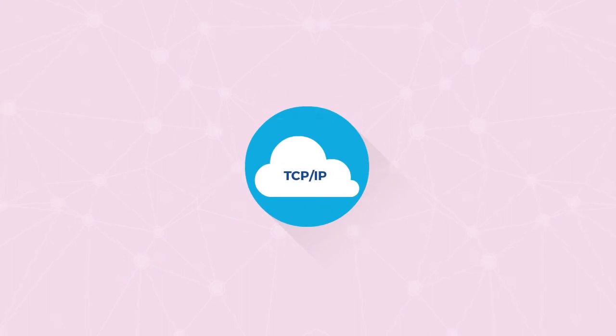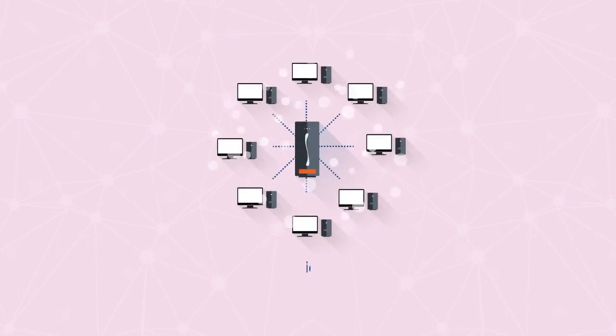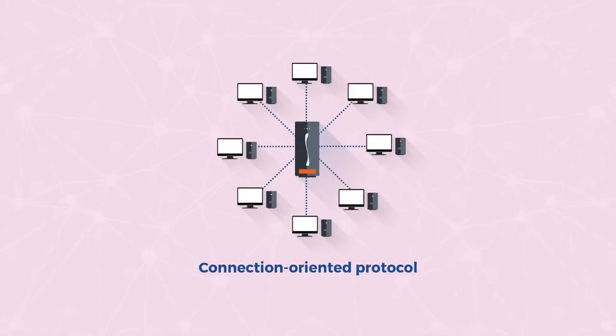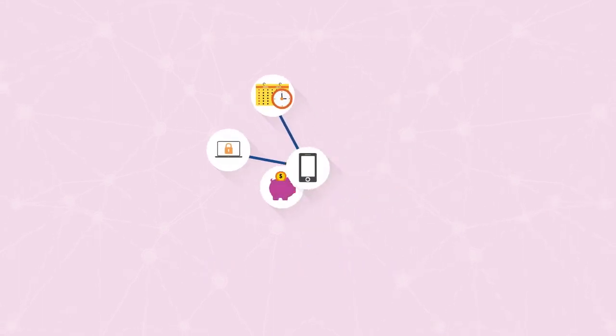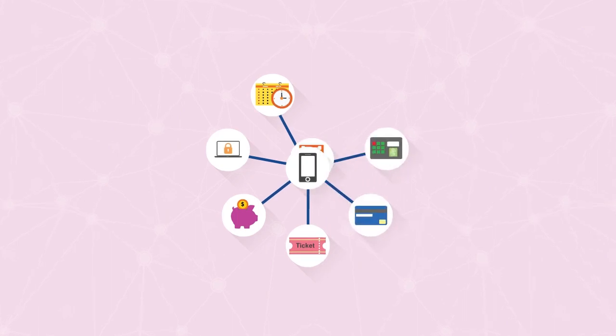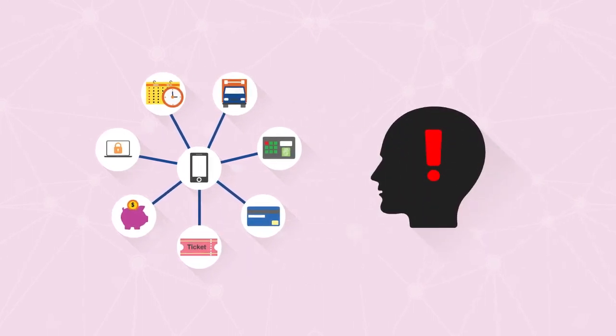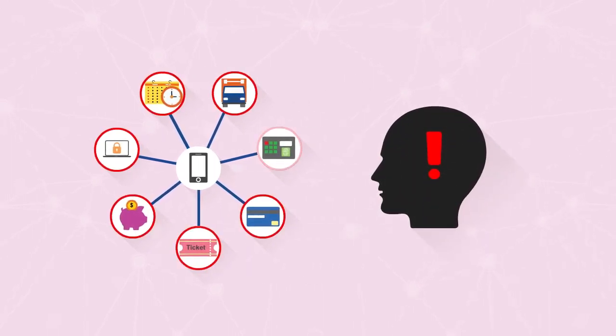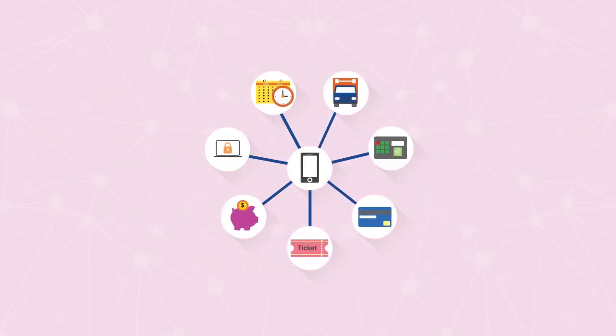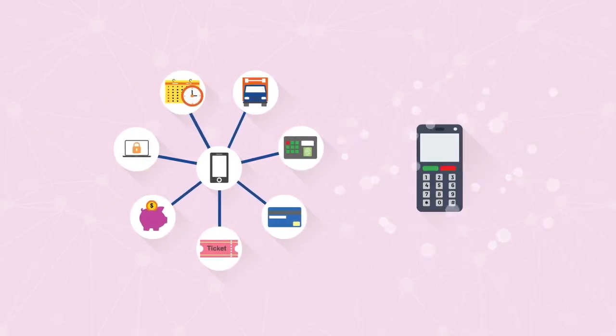Now, one of the key characteristics of TCP is the fact that it is connection-oriented. This means it establishes and maintains a connection until the applications are finished exchanging data. Now, that might seem like a fairly obvious approach. Of course, it establishes a connection and maintains it. And you might equate that to a phone call.